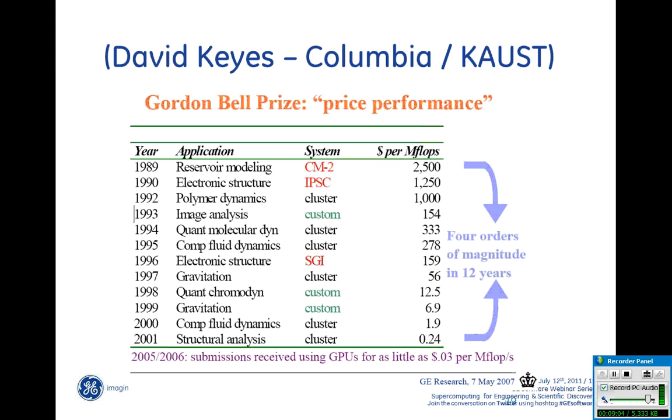Another dynamic, and I borrowed a few slides from a friend and colleague, David Keyes, from Columbia, now at KAUST, where if we look at the Gordon Bell Prize, a very prestigious award in the computing academia and industry given out by the ACM, if we look at the cost per megaflop of the awardees of this top performance prize each year, we see a dramatic drop, even ending in 2001, and it's continued since then.